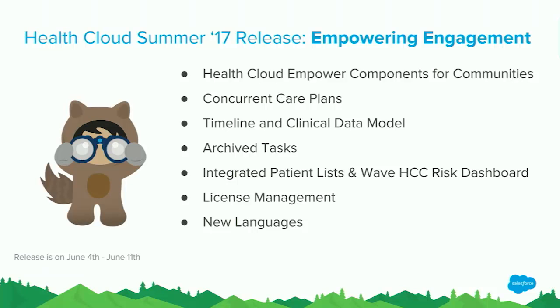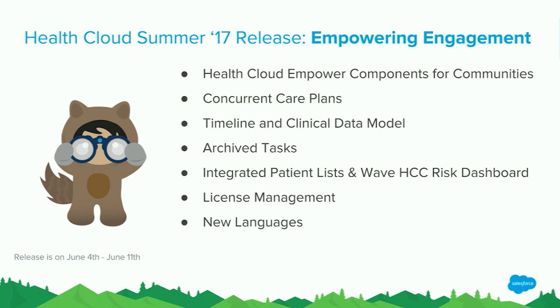With that. Great, thank you, Zabe. So just to recap what we covered, we have a Summer 17 release packed with new features and enhancements. Zabe started, of course, taking us through these Empower components for Health Cloud communities. Then I went through and described our new concurrent care plans capabilities, some changes to our clinical data model, and resulting ways in which that can show up on the timeline.